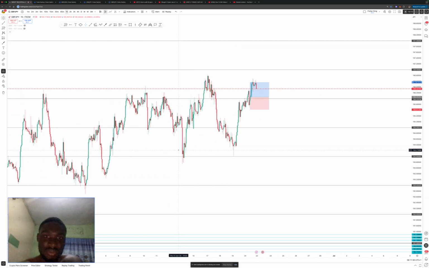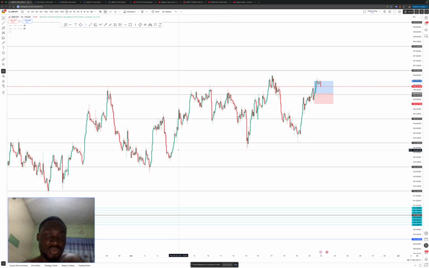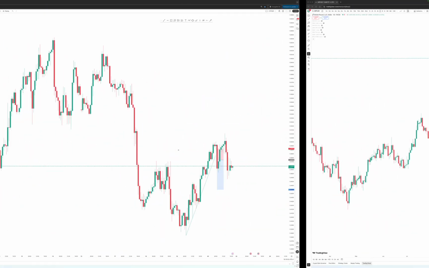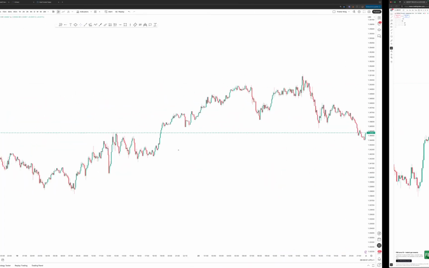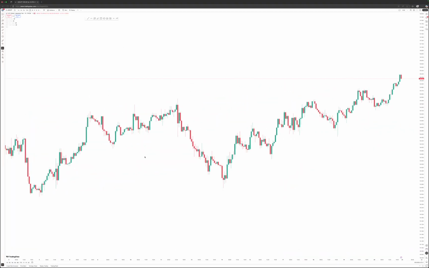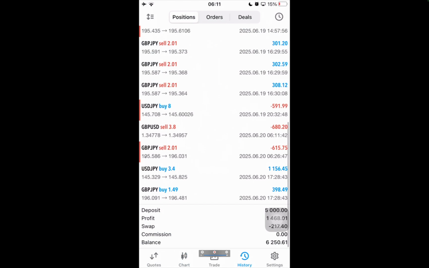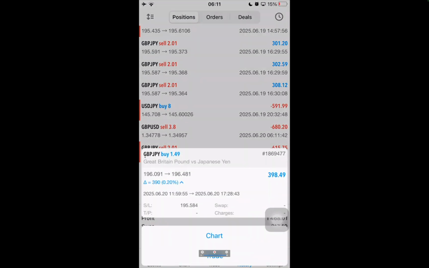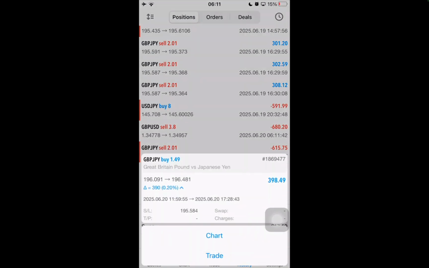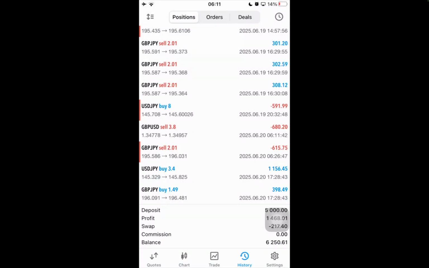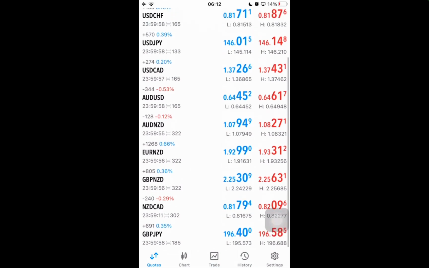So I took the GJ, which I will go ahead and show now. Let me show you the GJ analysis. So this is the GJ trade, the GJ buy.